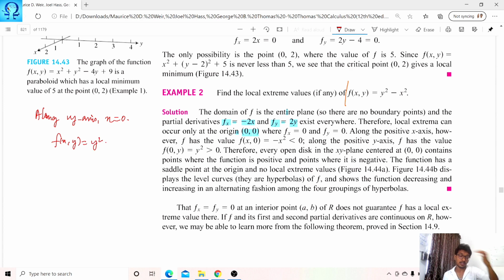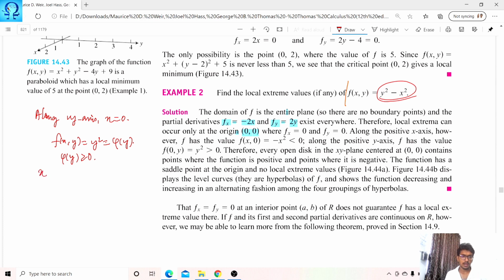So this becomes a function of y alone. Therefore if I try to find the first derivative and do the things, this function is a non-negative valued function. Here I can find only a minimum value. I cannot find a maximum value because I don't have any restrictions over x and y.